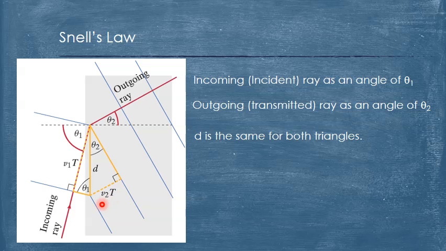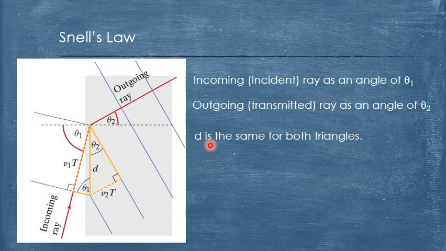The period of these wavefronts should be the same, because the frequency does not change when the wave goes from one medium to the other. What changes is the speed and the wavelength. Now here, the distance between the two wavefronts is v1 times the period T.